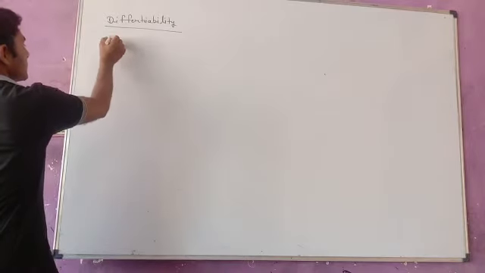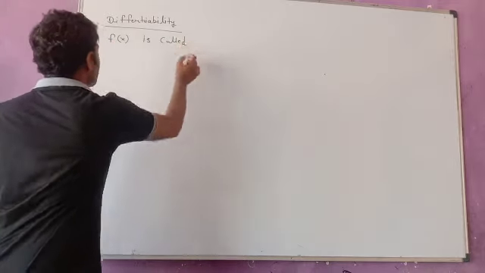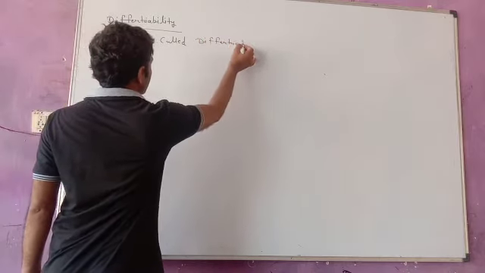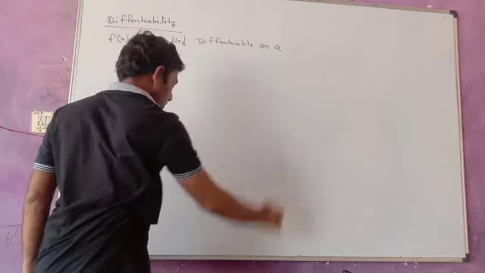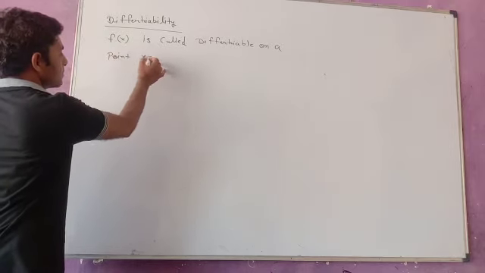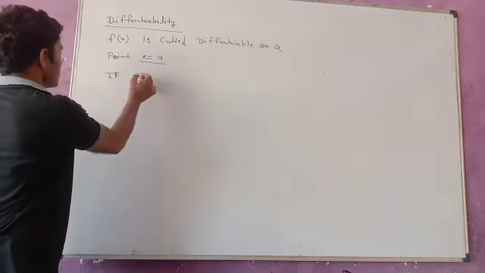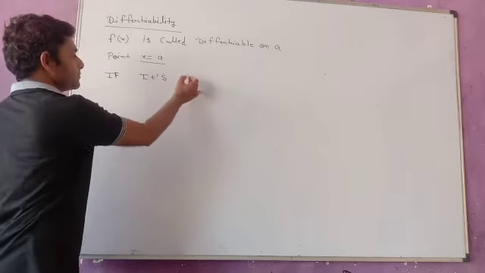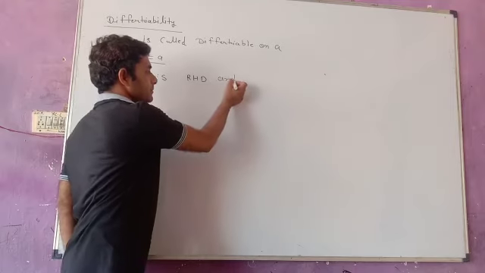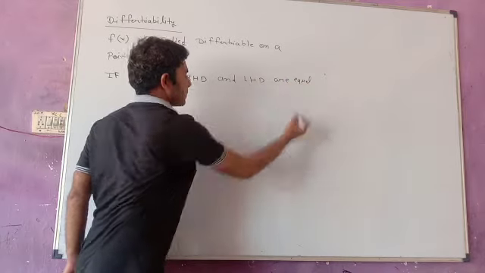A function f(x) is called differentiable on a point x equals a if its right hand derivative and left hand derivative are equal.